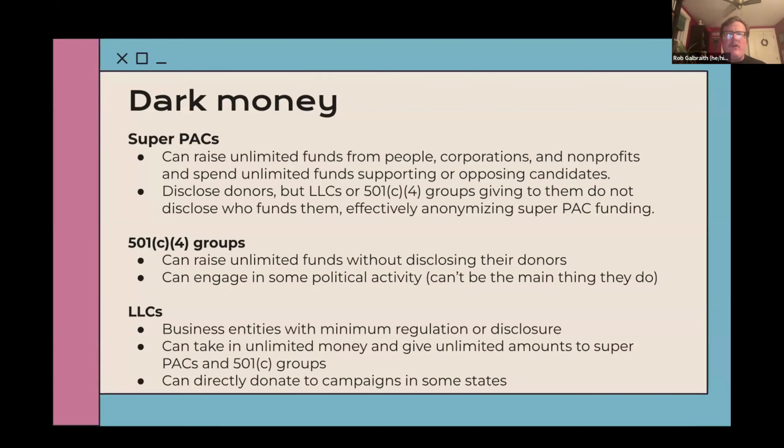Now, 501c4 groups, and I'm going to talk about them a little more in a second, do have to disclose some information, like who their board members are and big grants that they make. But their calendar is on a pretty heavy delay.